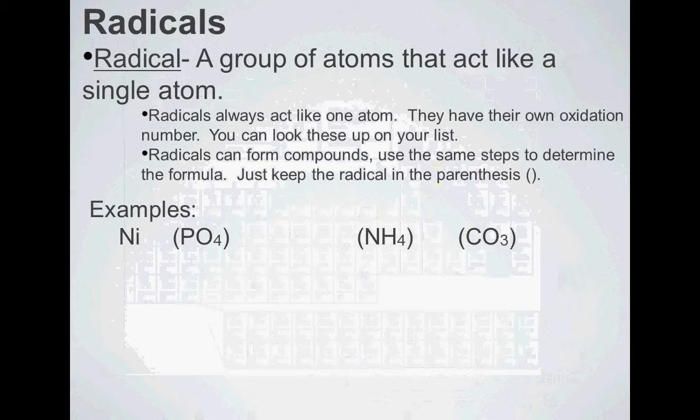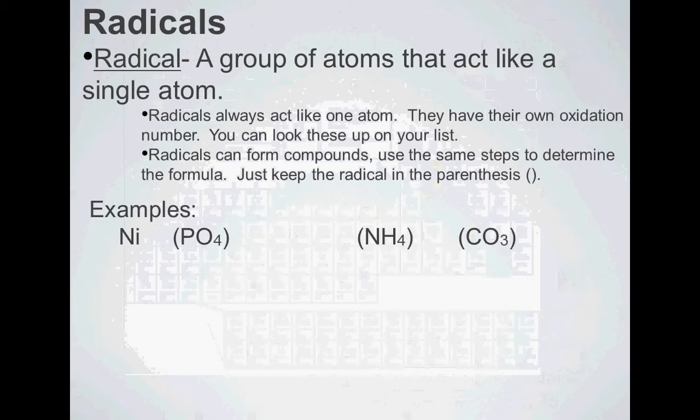They act like one atom, and they have their own oxidation numbers. If you look on the back of your periodic table, hopefully you have it out, we have a list of radicals, their name, their formula, and their valence number, or oxidation number.